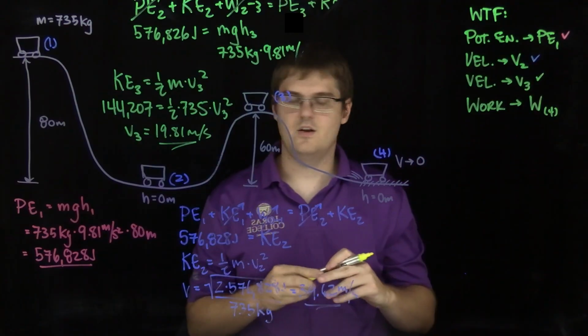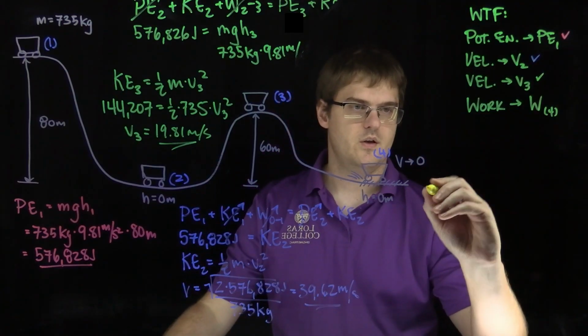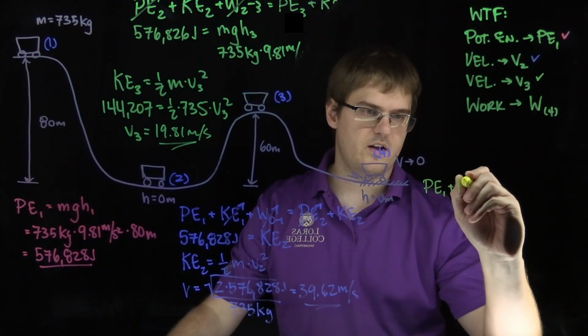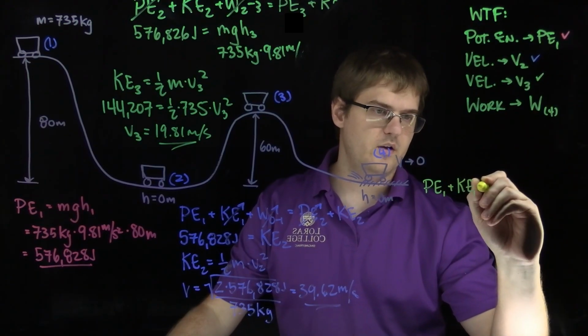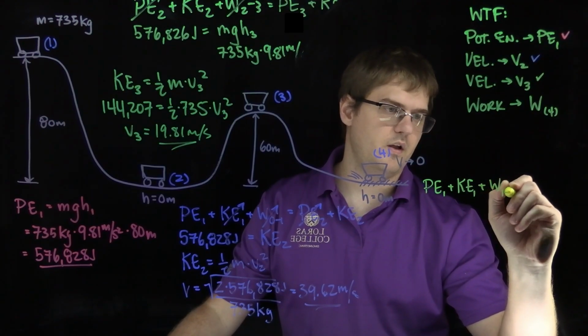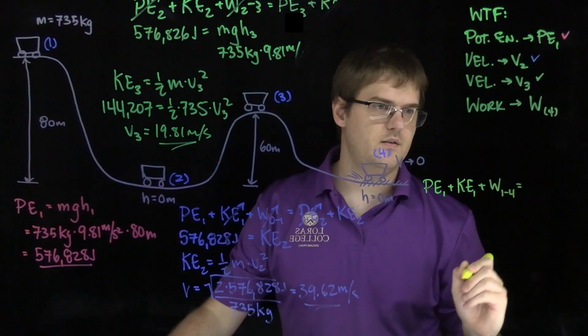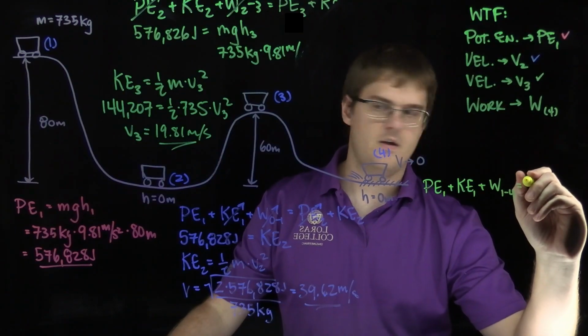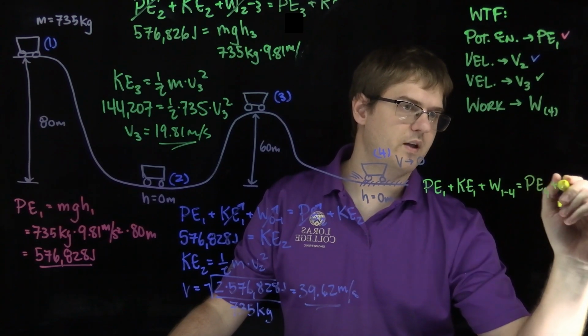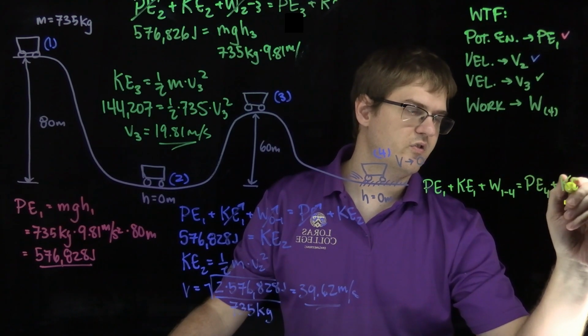I'll just go ahead and choose state 1. But I can say potential energy at 1 plus kinetic energy at 1 plus work between 1 and 4 is equal to my potential energy at 4 plus my kinetic energy at 4.